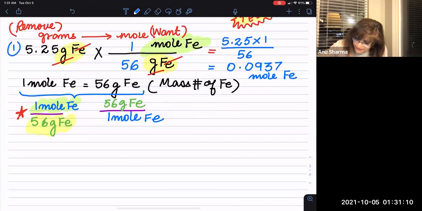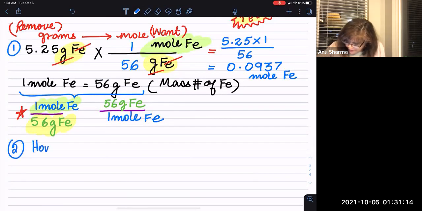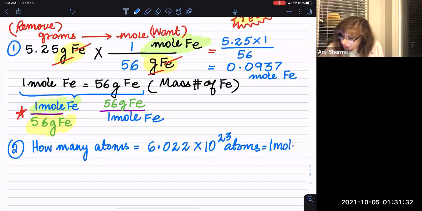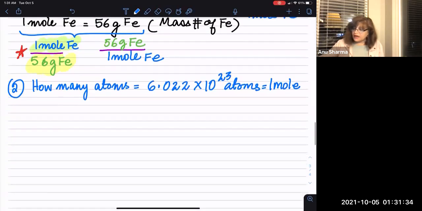How many atoms? That means we are talking about counting those atoms, and that comes out to be 6.022 times 10 to the power 23 atoms present in 1 mole.